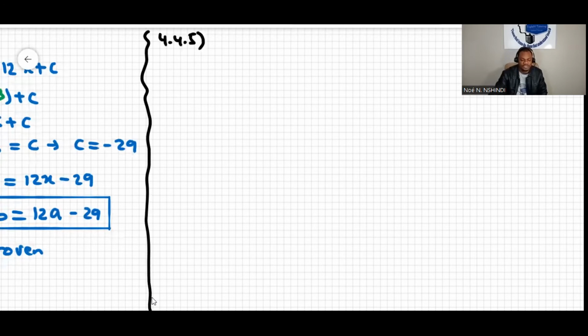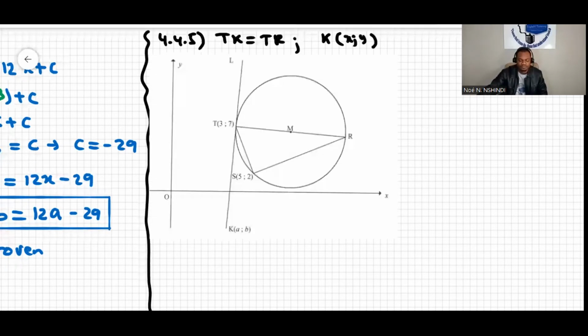4.4.5. So let's say TK equals TR, and we want the coordinates of K. I prefer to put my diagram over here. Okay, this is the diagram. In the previous questions, we did work out the length TR.